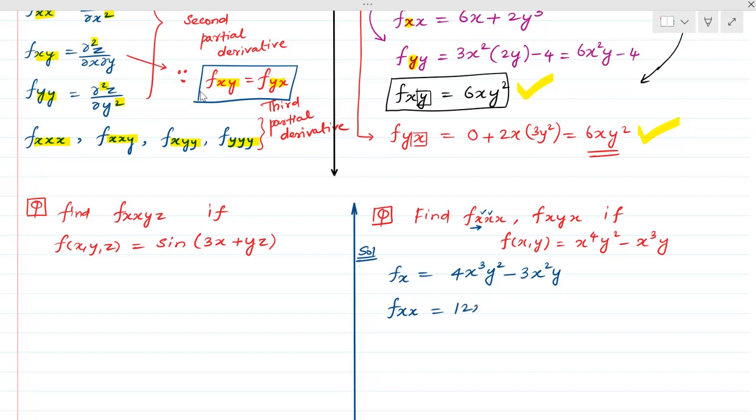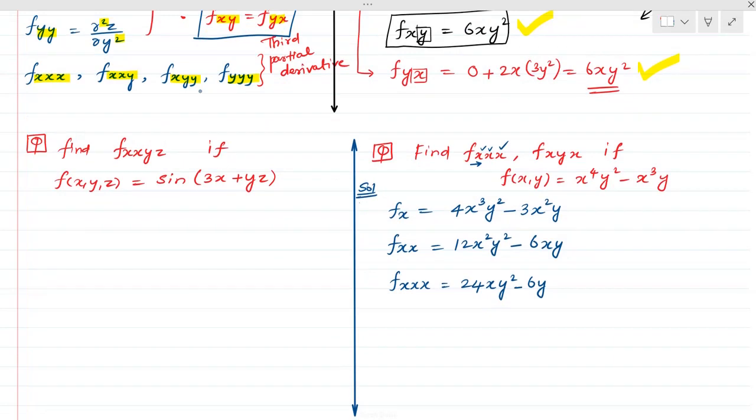It is 12x^2 y^2 minus 6xy. This is done. Now the last one, f_xxx: differentiate again with respect to x. You will get 24xy^2 minus 6y. So if you follow this order, you can easily calculate any function.